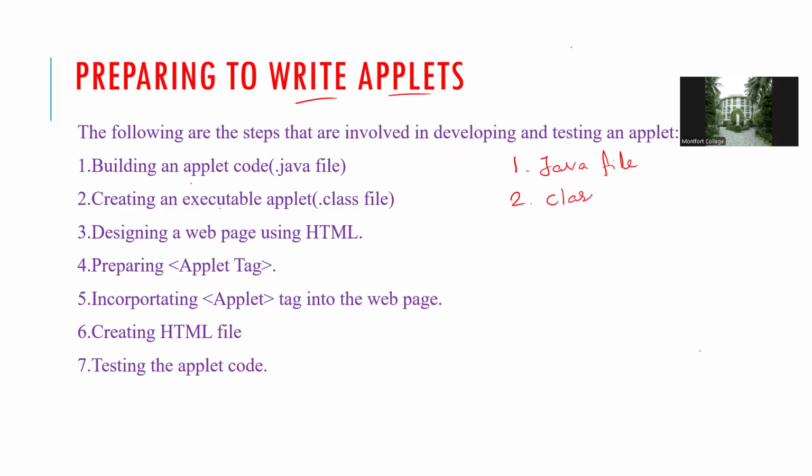We get the class file when we compile the Java file, the Java code. That will have the extension dot class, and this one will have the extension dot java. Firstly the Java file is required, secondly the class file is required.